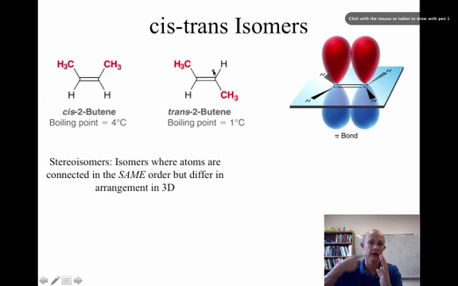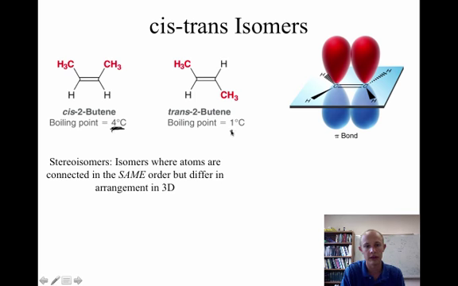So whereas ethane could freely rotate, this bond cannot rotate, so we get two different isomers. What I wanted to emphasize here is that we get different physical properties. These two isomers, even though the atoms are bonded in the same order, the fact that the methyls are arranged differently in three-dimensional space leads to a difference of 3 degrees in the boiling point, and this is going to become important later on in the chapter.